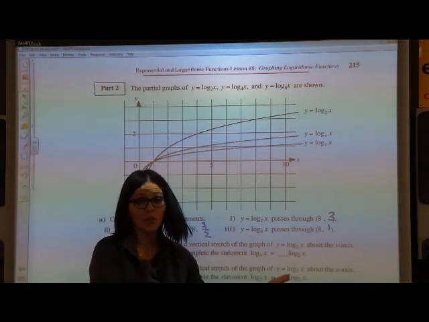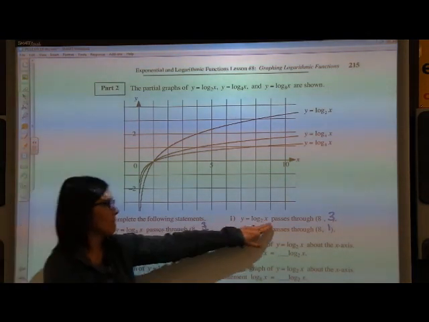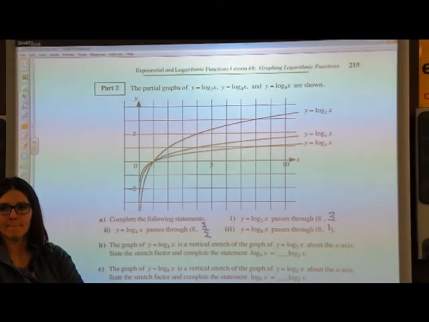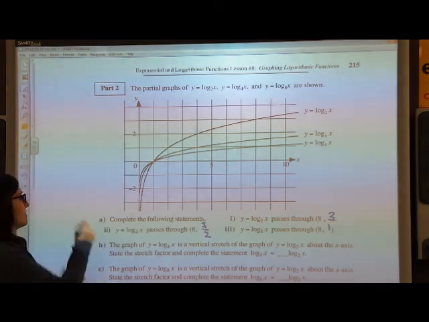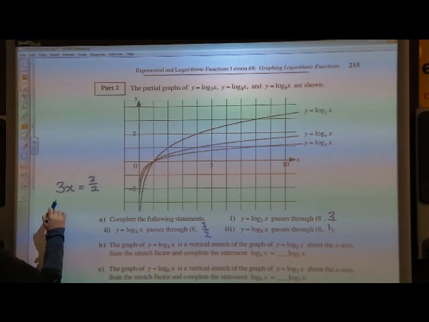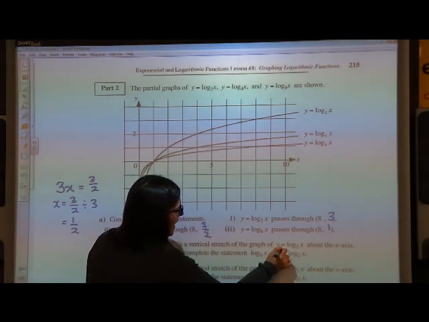So, in other words, what can I multiply 3 by to get to 3/2? 3 times what equals 3/2? So it would be x equals 3/2 divided by 3, and I would get 1/2 for an answer. So this is a stretch factor of 1/2.